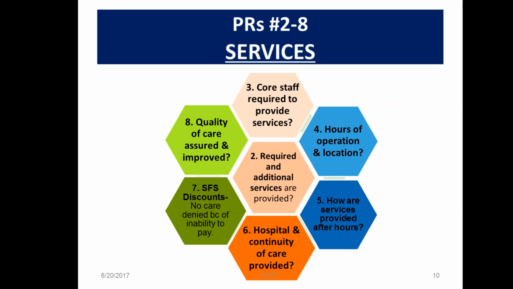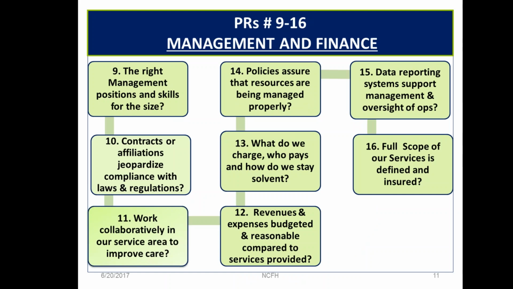So on the next slide, we have program requirements numbers 9 through 16. So starting with number 9 in the upper left-hand corner, it's very similar to services. We want to make sure that we have the right management positions and the people that fill those positions have the right skills for the size of the organization.